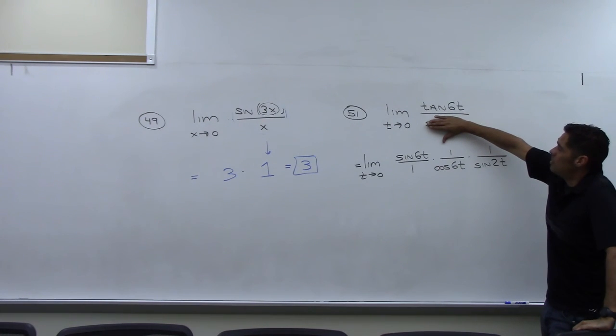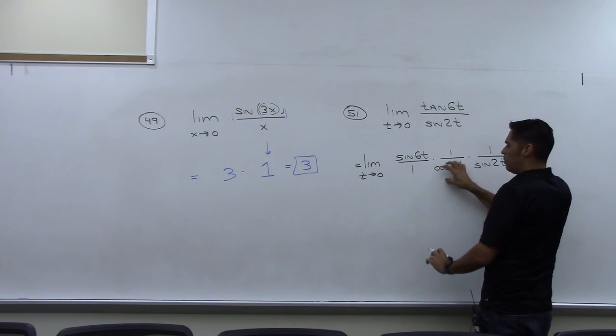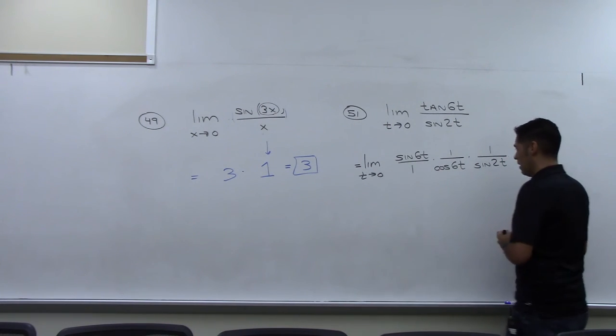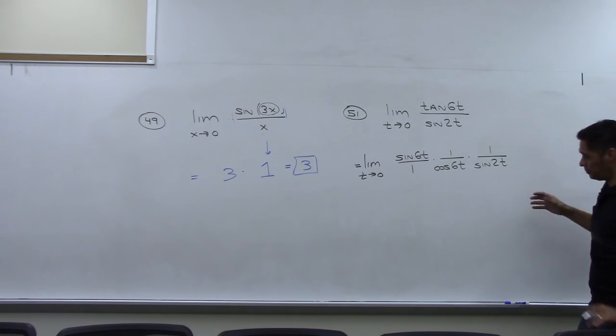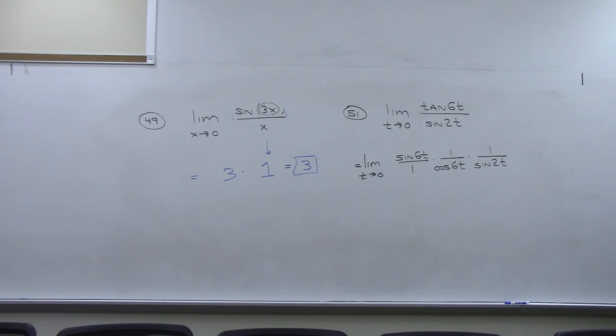So tangent of 6t is sine 6t over cosine 6t, and I've split it up into two fractions. So you could put this cosine under here, that would be tangent, but I've pulled them apart. And then this sine 2t on the bottom, I just separated it out here. So if we put all this back together, we would be back here. Now the reason why I do that is so I can identify what the problem is.